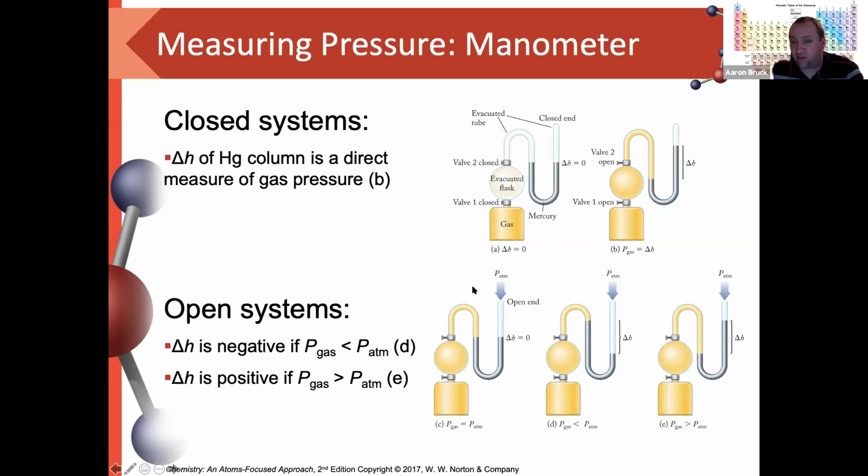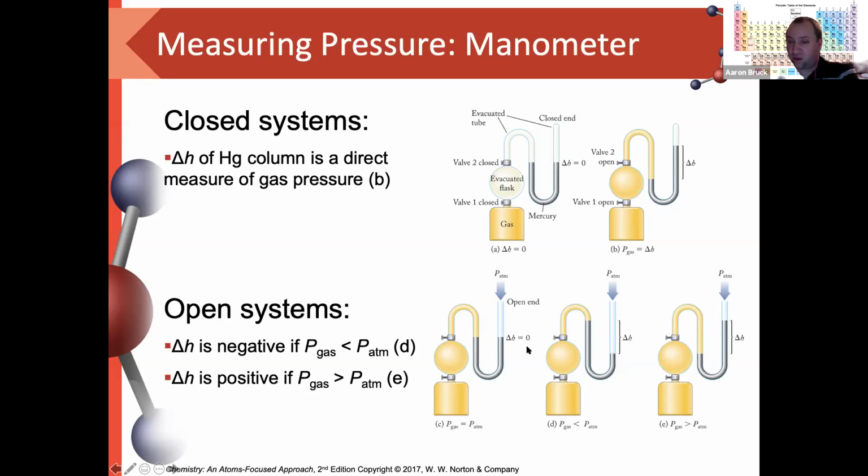instead of having an evacuated tube, instead of having a closed end, we just have a tube here that is open to the atmosphere. And so atmospheric pressure is pushing down on this side as opposed to nothing in the closed system. And then when we open up the gas, we can measure how it does against atmospheric pressure.